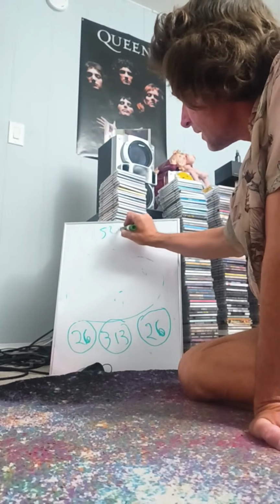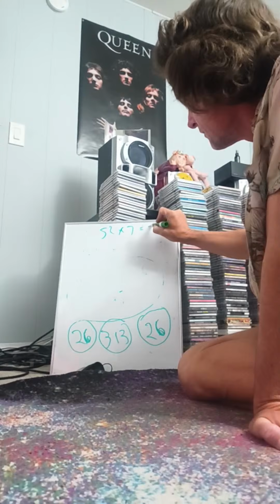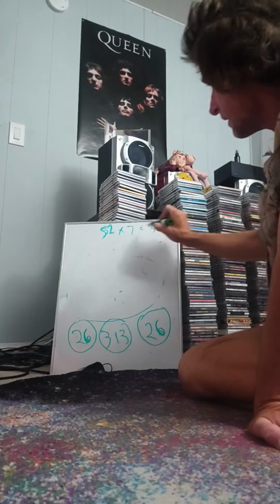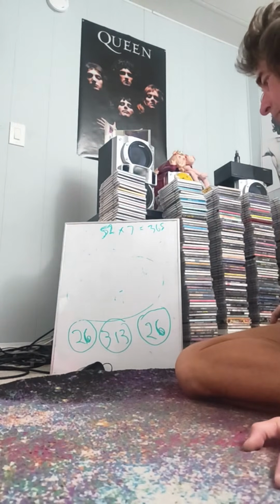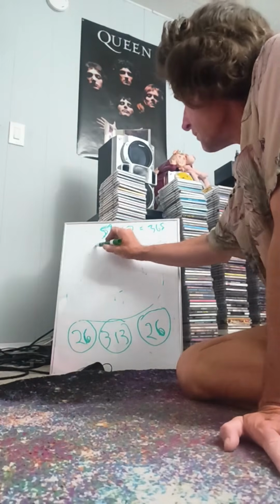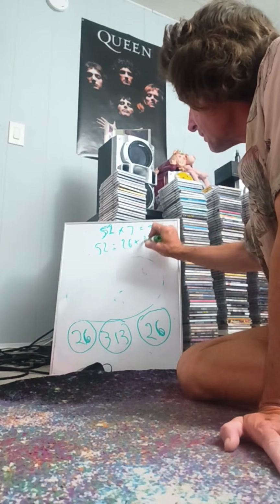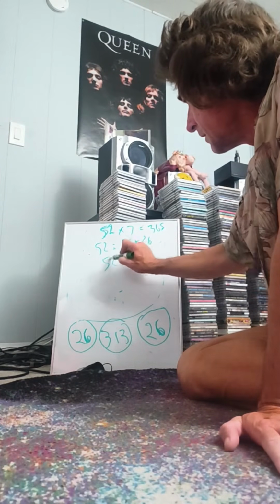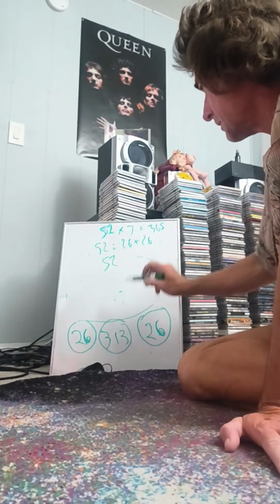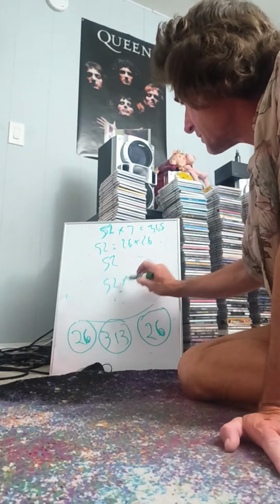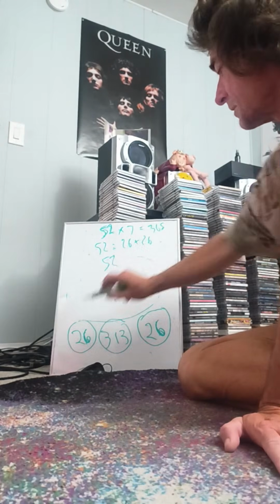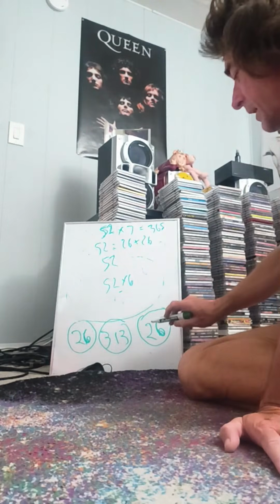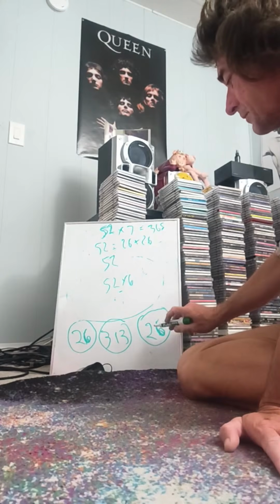52 times 7 is 365, the number of days in a year. It's 52 weeks, which is 52 times 7 days is 365. So 52 equals 26 plus 26. So the days before and after Mozart's life can be added up to 52, which means the other days of Mozart's actual life would be 52 times 6, because the seventh one is taken up half by the days before Eddie was born, from the beginning of the year to Eddie's birthday, and another 26 from my birthday to the end of the year.